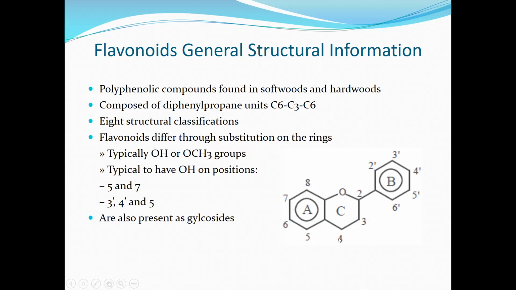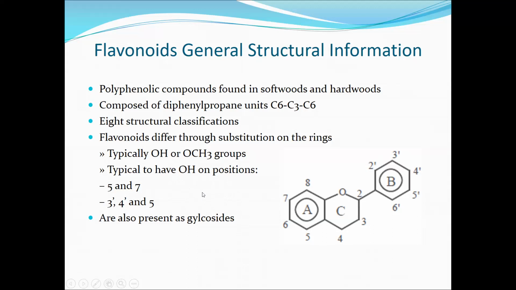Many of the carbon hydrogens are substituted with hydroxyl or methoxyl groups. It is typical to have the 5 position, 7 position, or 3 prime position, 4 prime position. These are the typical positions where substitution takes place, mainly OH or even OCH3, that is the methoxyl group.